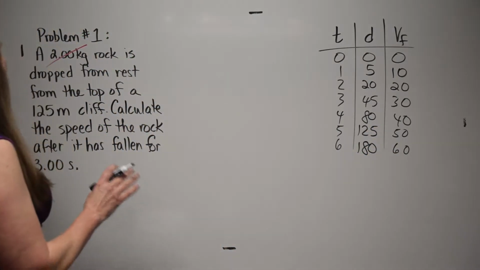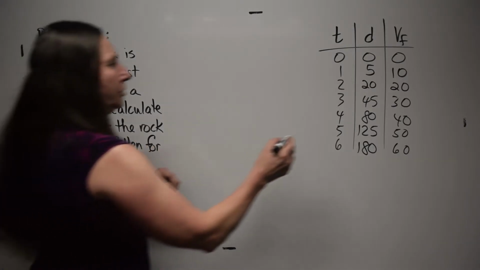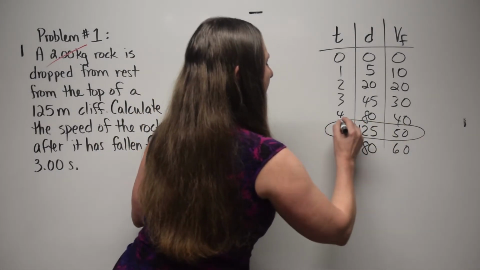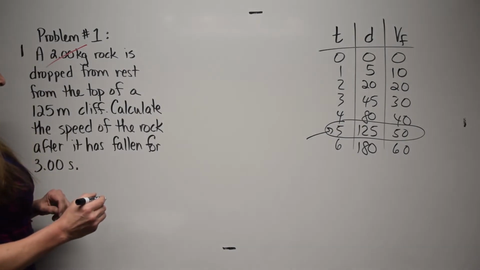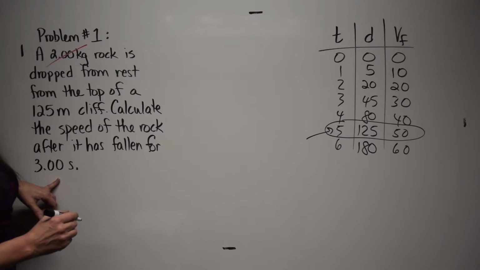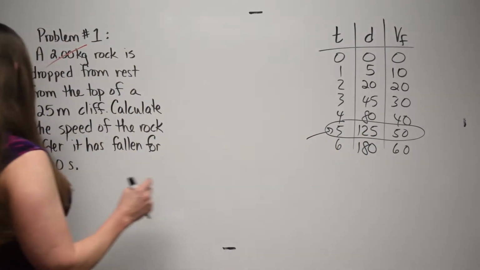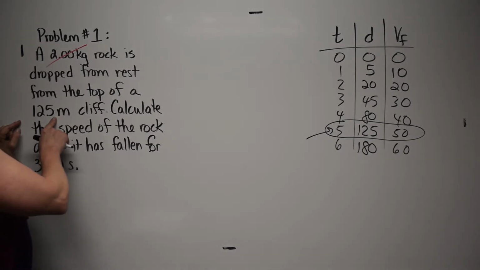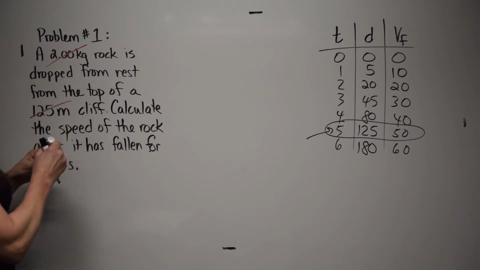So what you see right away is that for the 125 meters, it would take 5 seconds for the rock to get down there. So after 3 seconds, the rock is not down to the bottom of the 125 meters. That means the 125 meters really isn't important either.